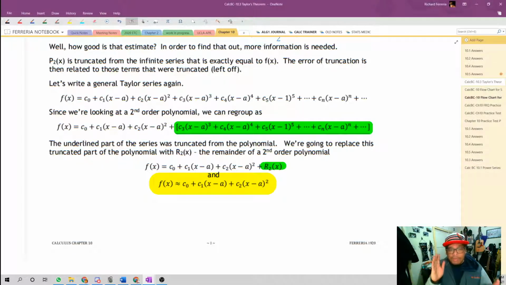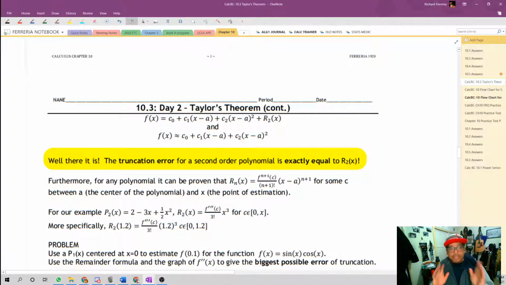But if you have the polynomial, if you leave off that remainder, then you create an approximation. So look at that. The truncation error, the difference between the actual and the approximation, is exactly equal to the sum of all of the terms that we left off, which we're calling R2.